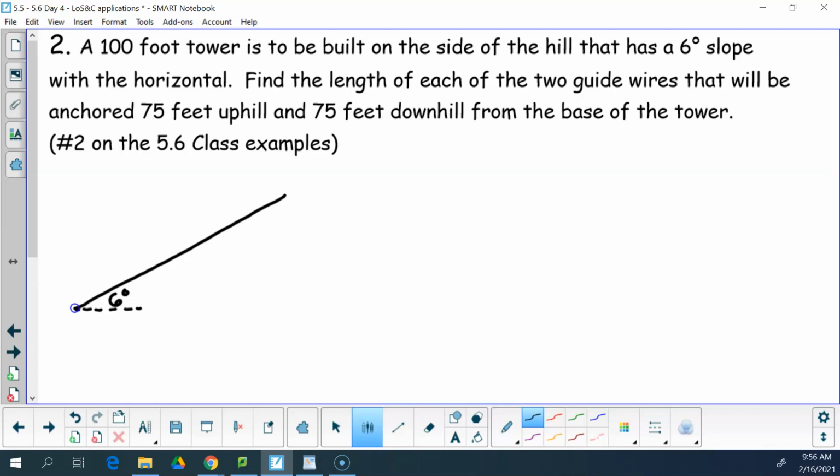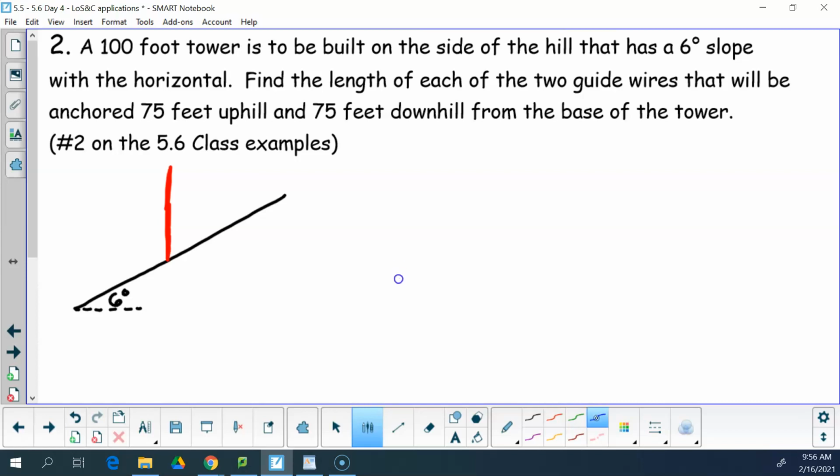Okay? Then we're going to put a tower on that hill, and that tower is going to be vertical. Because why would you build a tower at an angle? It doesn't make any sense. Okay?